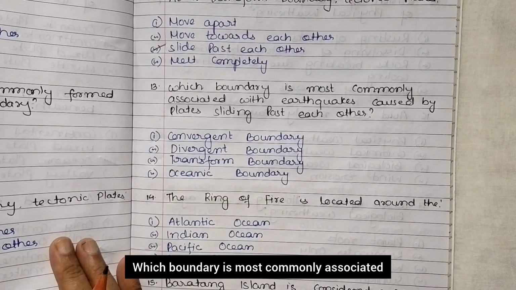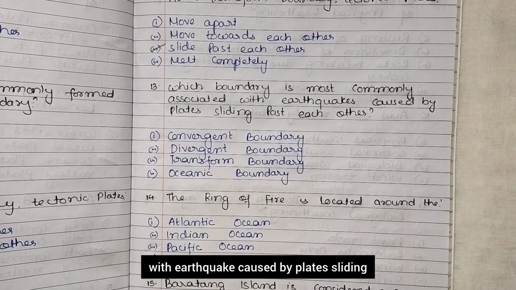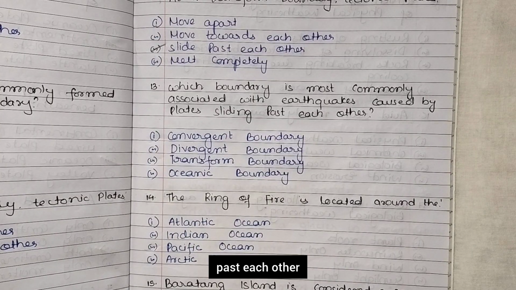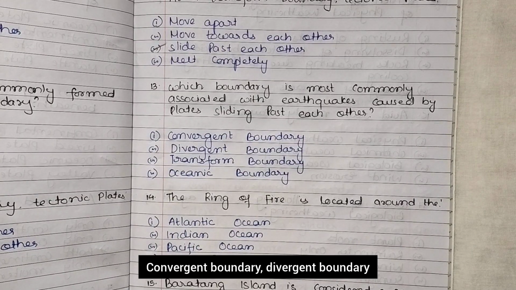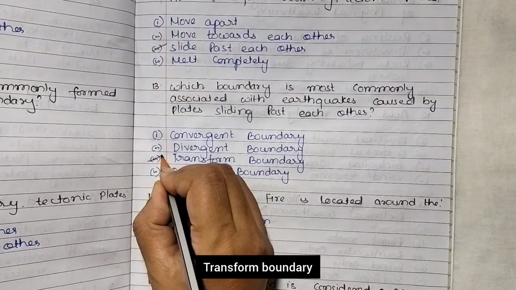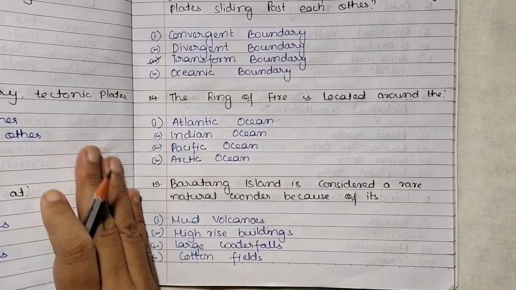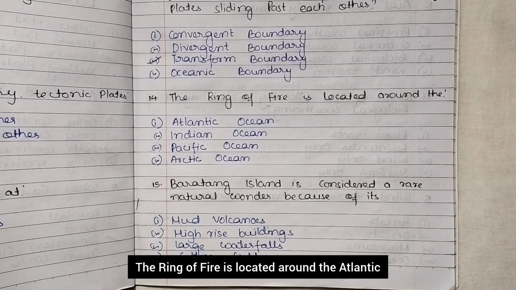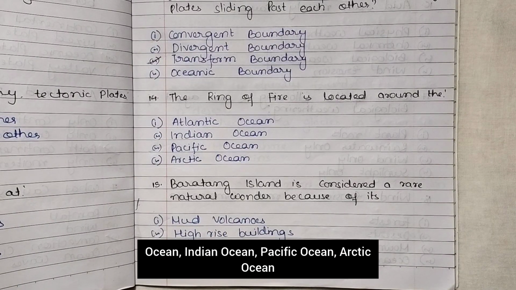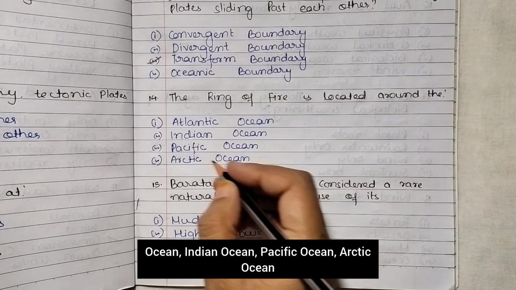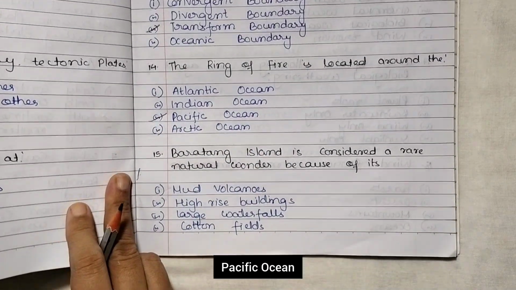Which boundary is most commonly associated with earthquake caused by plates sliding past each other? Convergent boundary, divergent boundary, transform boundary, oceanic boundary. Transform boundary. The Ring of Fire is located around the Atlantic Ocean, Indian Ocean, Pacific Ocean, Arctic Ocean. Pacific Ocean.